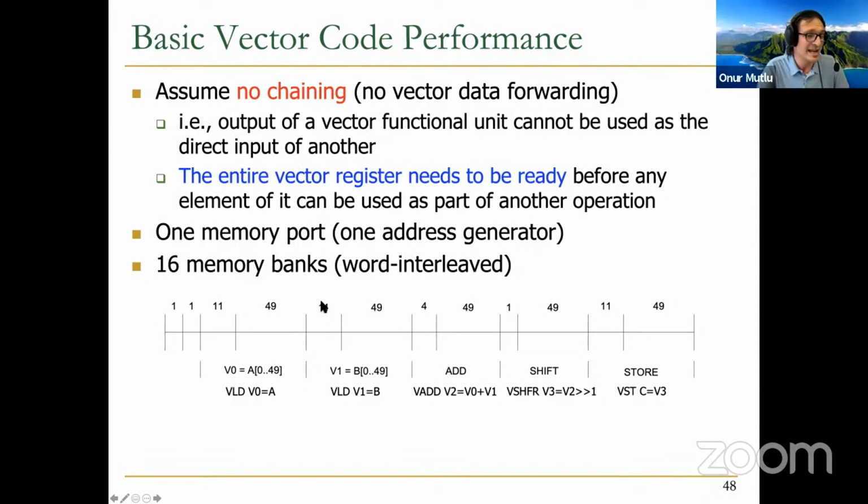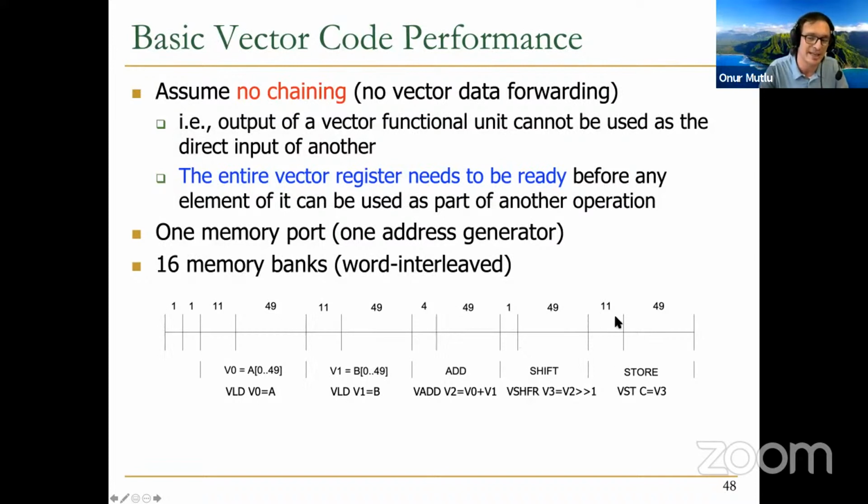So basically, the next load starts after the first load ends. It takes 11 cycles, the first element, and then the remaining 49 elements come after 49 cycles. And then the add can start after both of its data is ready. It takes 4 cycles to generate the first element, and then the remaining 49 elements get generated in the remaining 49 cycles. And then the shift can start, 1 cycle for the first element result, and then the remaining 49 cycles over here.